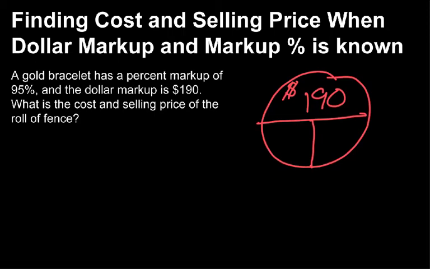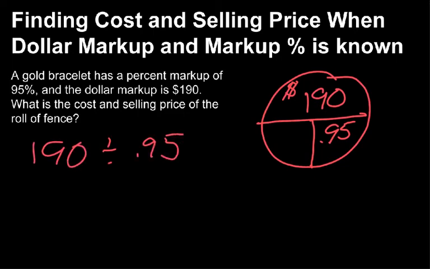Now again, because we're finding a portion, this is the markup, not the selling price, we're going to use just the percentage with no added 100%. So 95% as a decimal, 0.95. And if I divide that out, I get 190 divided by 0.95, and that comes out to be $200.